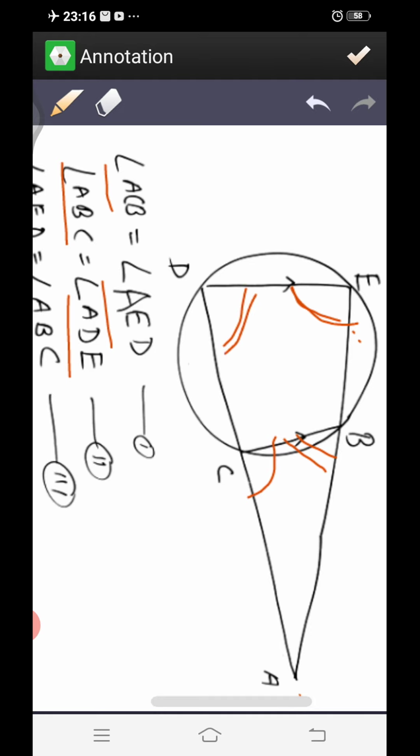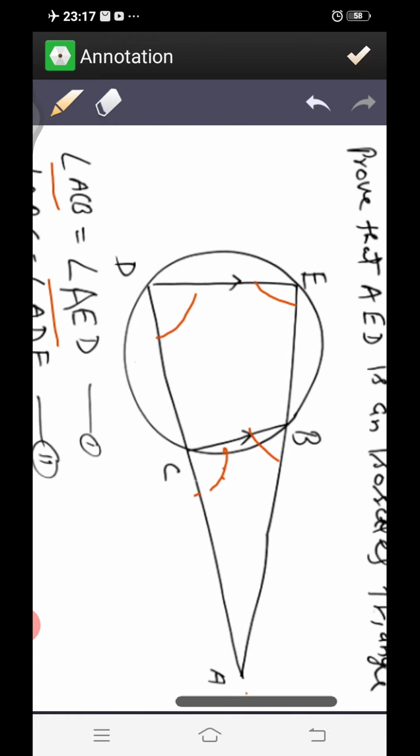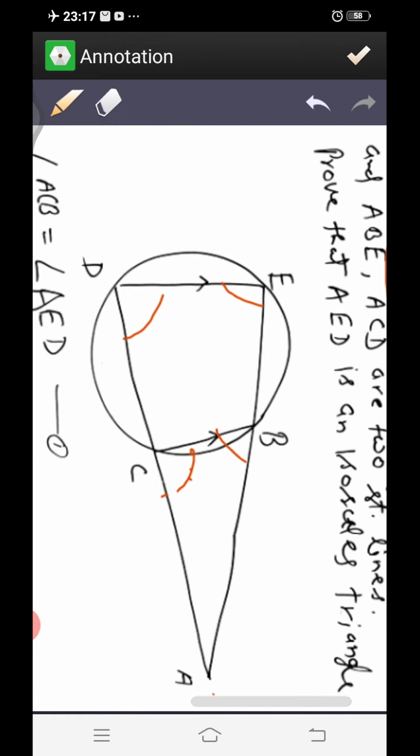Now we have come to know that this angle equals this, and this angle equals this. But angle AED equal to angle ABC. You can see that angle AED means this angle, equal to angle ABC, this angle.